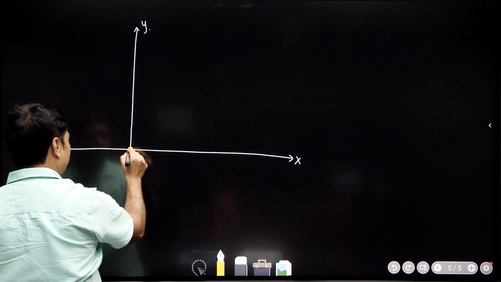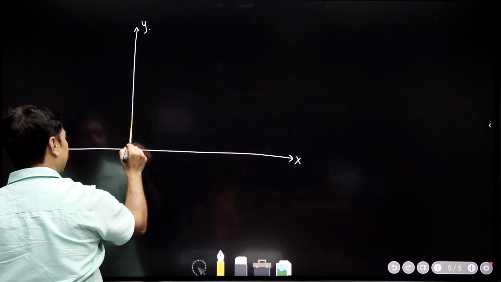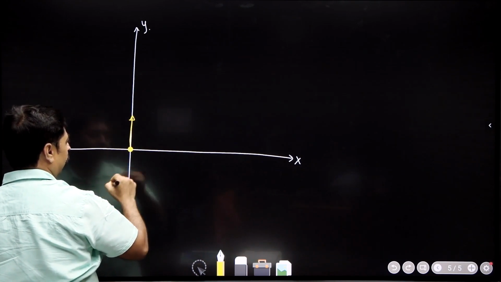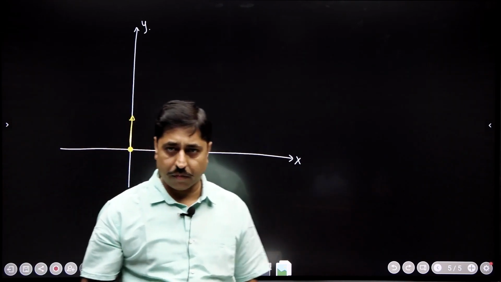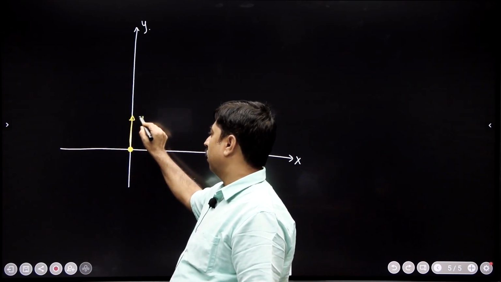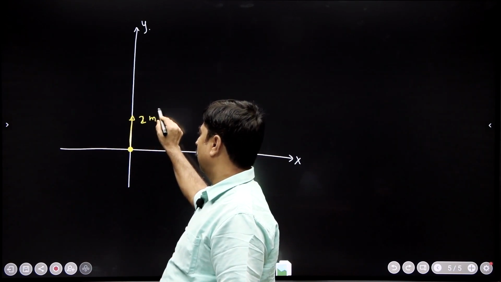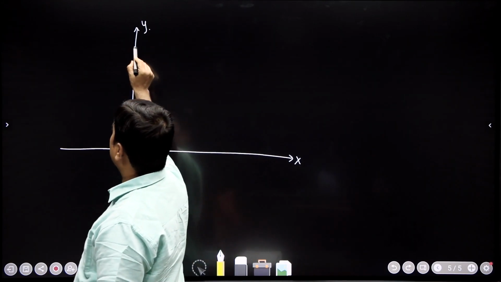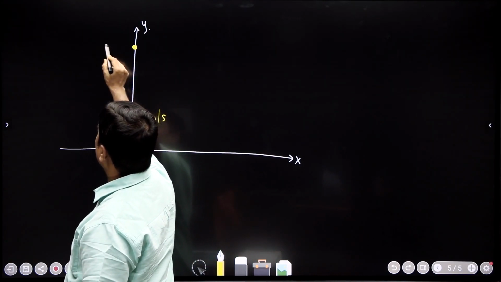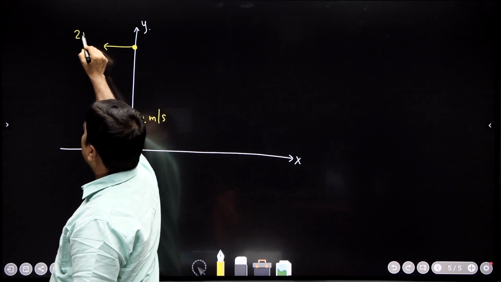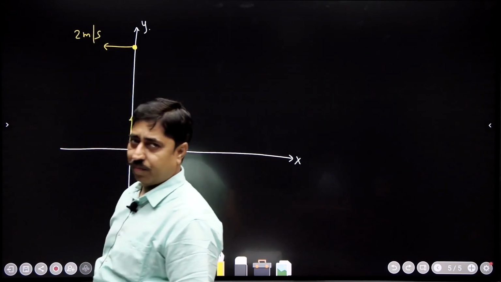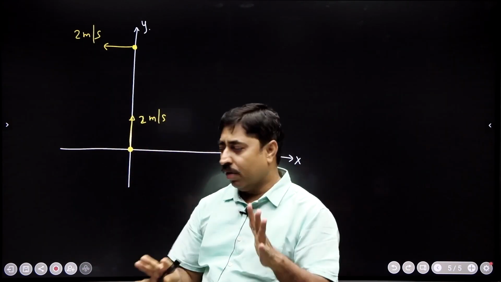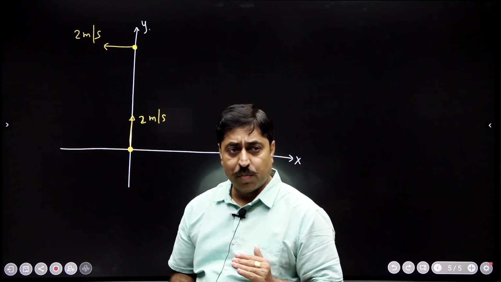This particle 1 is moving with a constant velocity of let us say 2 meter per second in y direction, and then there is another particle here which is moving with a velocity of 2 meter per second in negative x direction. At time t is equal to 0, this is the position of these two particles.